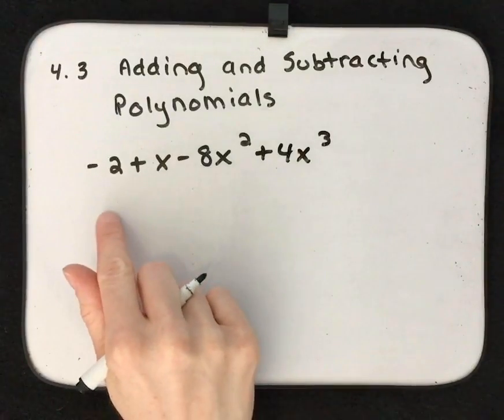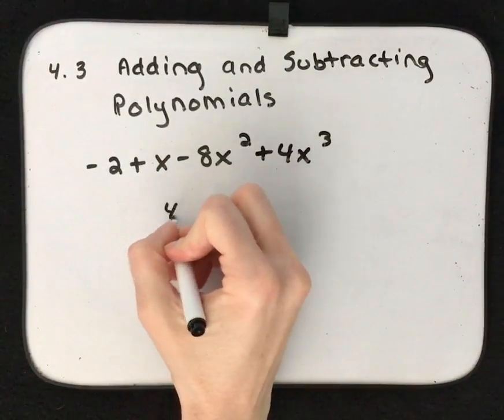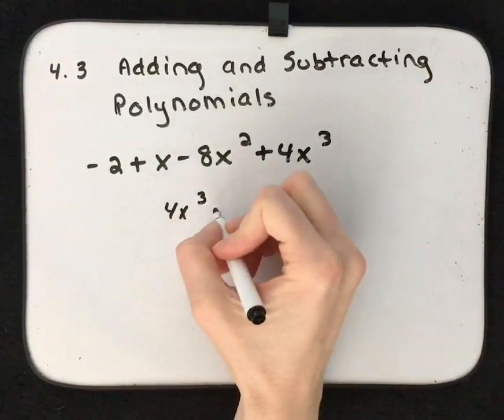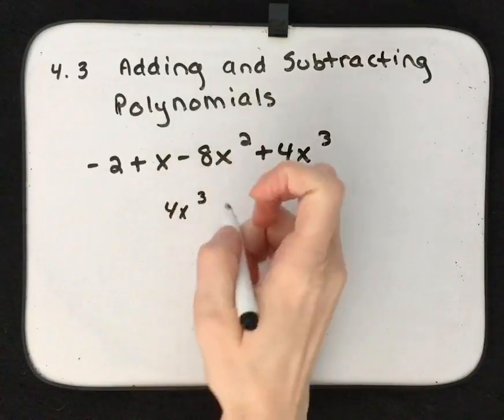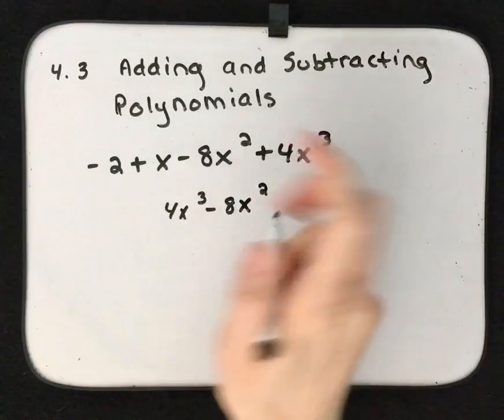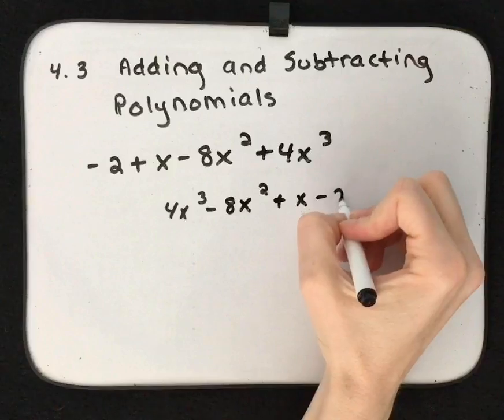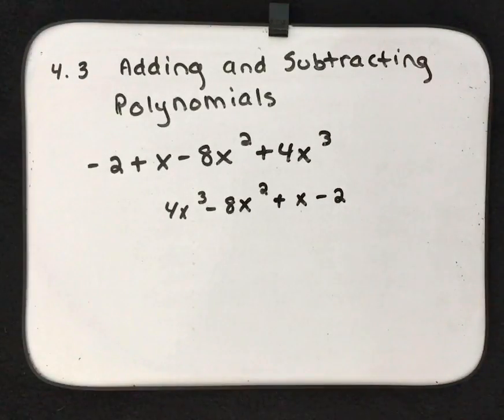To write this in descending order of the variable x, we would start with our 4x to the third. Then we have our negative 8x to the second, so minus 8x to the second, then plus x, and finally minus 2. If we're looking for the degree, we look for the highest power in the leading term.